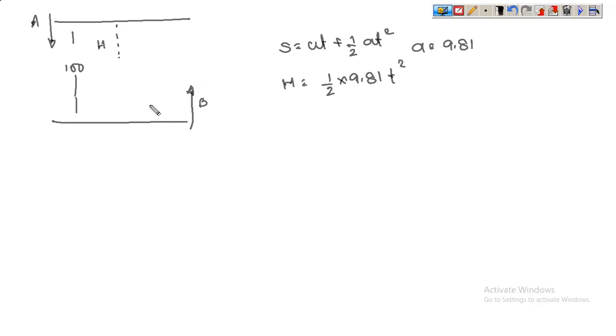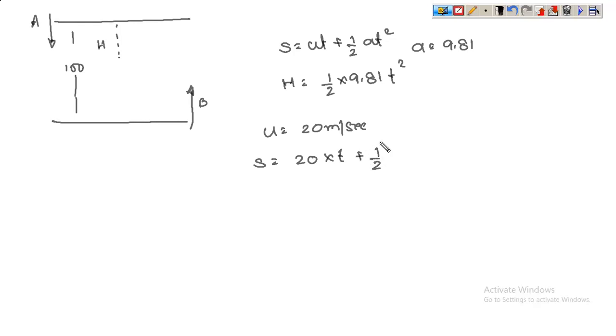Now at the same time, a ball is thrown up with a certain velocity, let us say at a velocity of 20 meters per second. So the equation of motion becomes 20 into t plus half gt square.